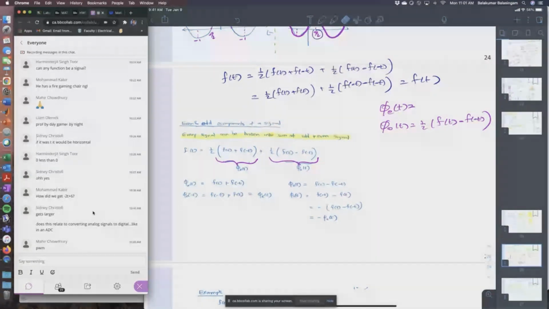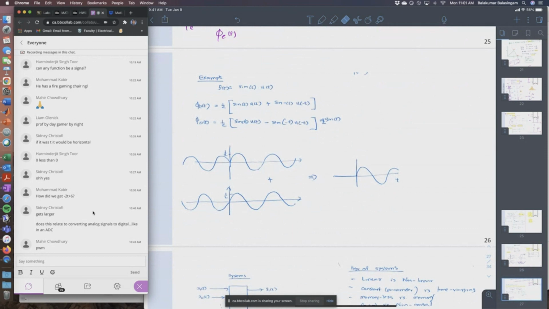Let's take the even portion of the function, phi_e(t), which is half of f(t) plus f(negative t). Phi_e(minus t) is going to be f(negative t) plus f(t), which is again the same, phi_e(t). So that is an even function. Similarly, you can show that the other one is an odd function.